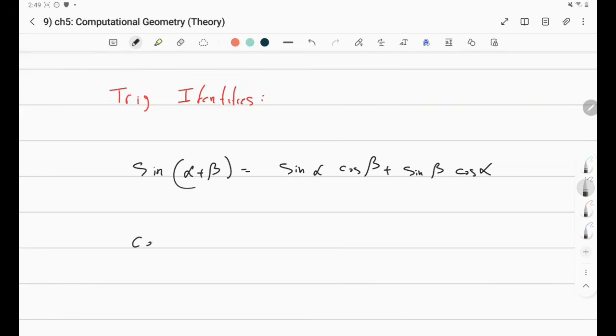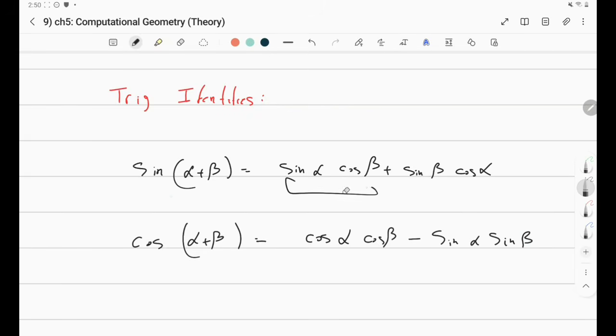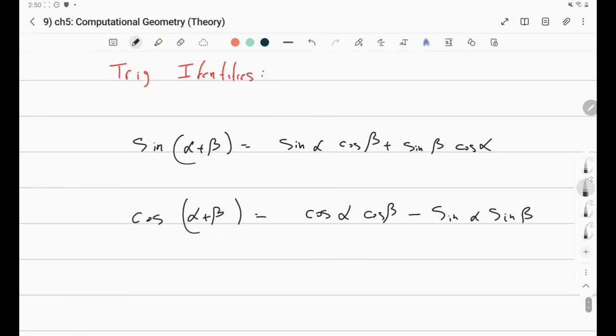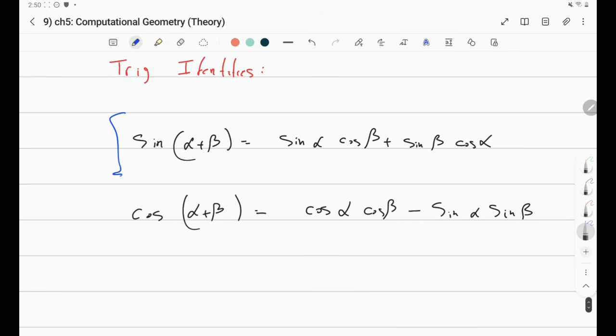If you have cosine of alpha plus beta, then it's cosine alpha cosine beta minus sine alpha sine beta. So be aware, when you have a sine, then they change. When you have cosine, then they are the same. Cosine, cosine, sine, sine. Here you have a minus, do not forget that. So these, you must memorize. Make sure you memorize.